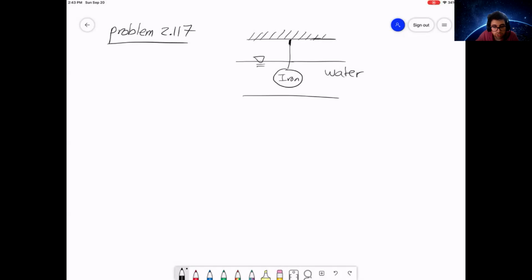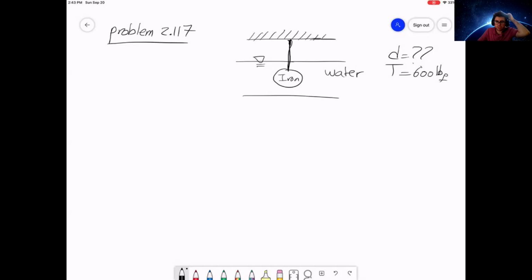Okay, and what's the problem asking? We need to find the diameter of this iron ball, given that the tension in the cable is equal to 600 pound force.